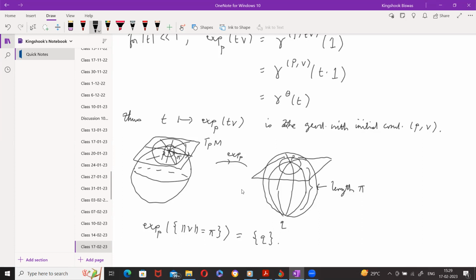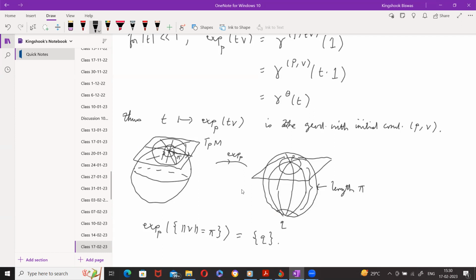Is it clear? So I will have geodesic spheres of radius up to pi, strictly less than pi. So this set here bounded by this small circle, this whole thing will be a geodesic ball, except when I take length pi, then it will no longer be a geodesic ball because the exponential map will not be a diffeomorphism.